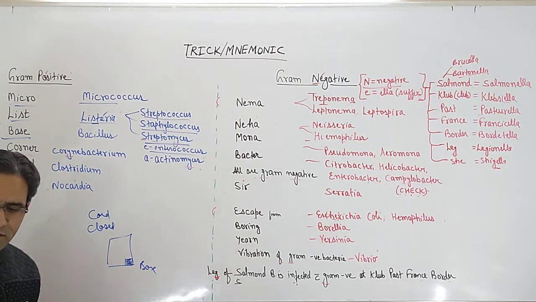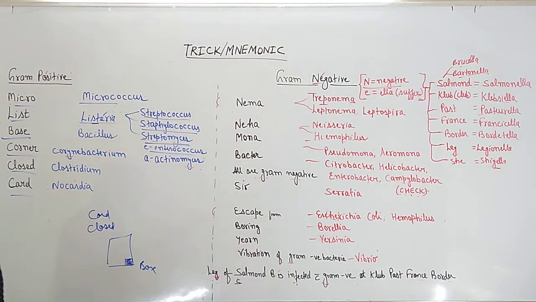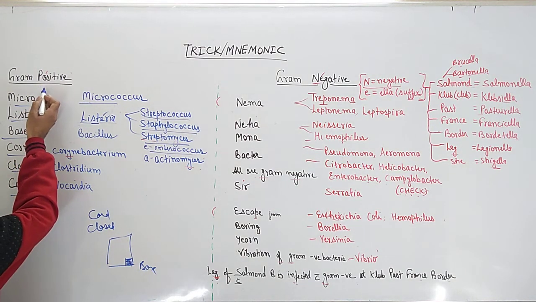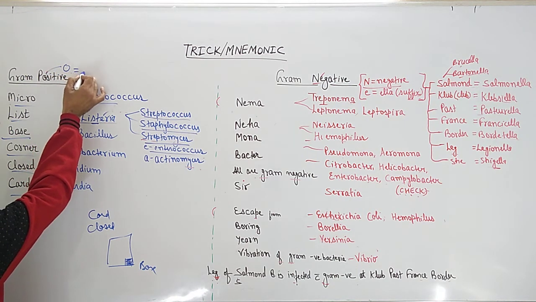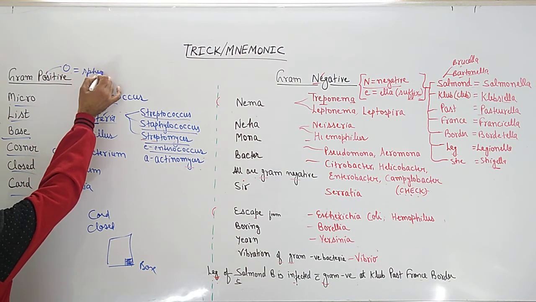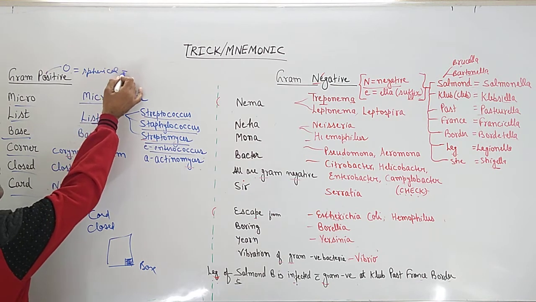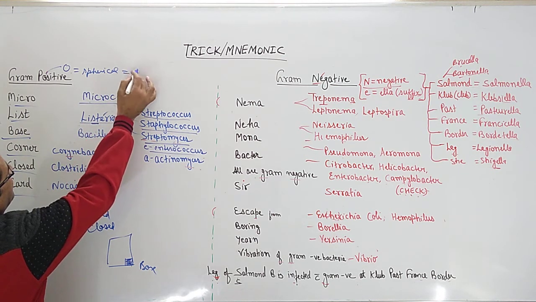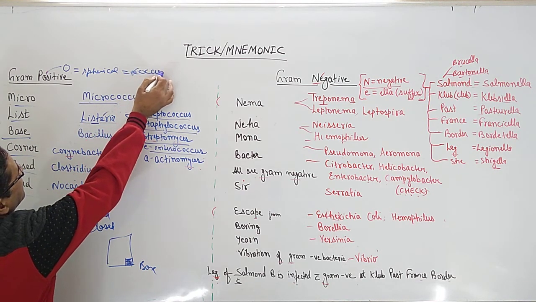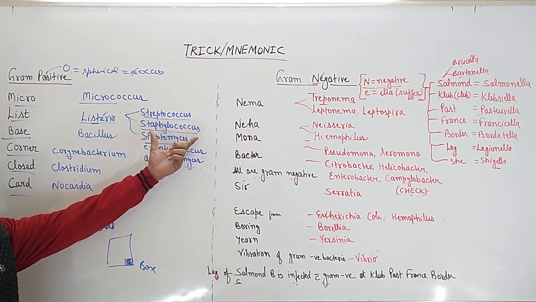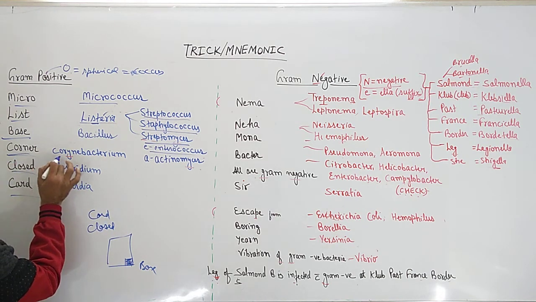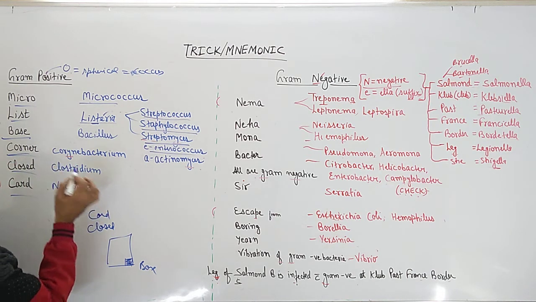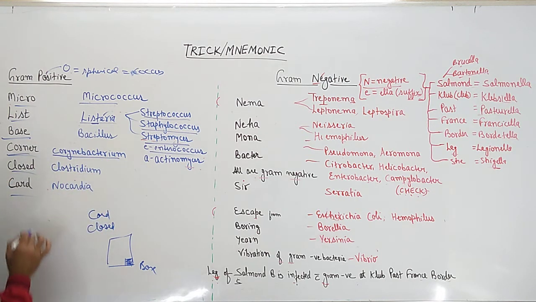Means coccus bacteria are gram positive. It can be remembered by one more way. How? If you see the spelling, P and O represent spheric, and we know spherical bacteria are called coccus. So all coccus are gram positive. Now next, it is written corner. Corner, it stands for corynebacterium.